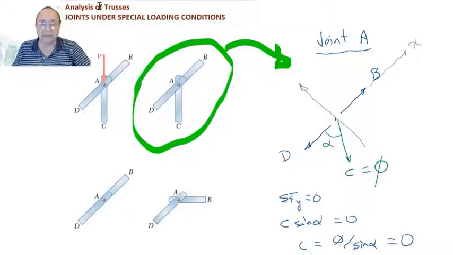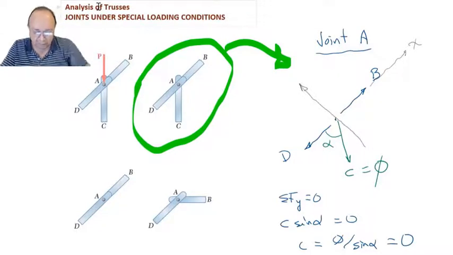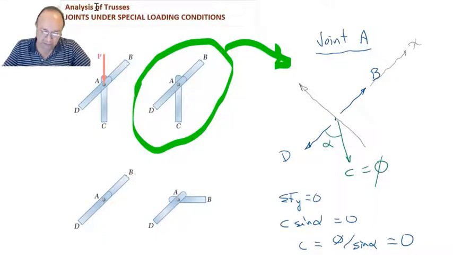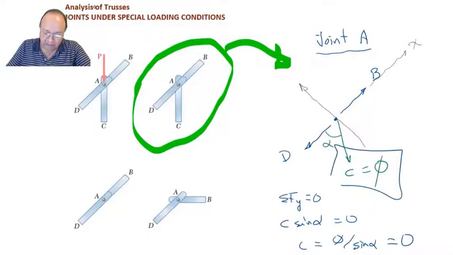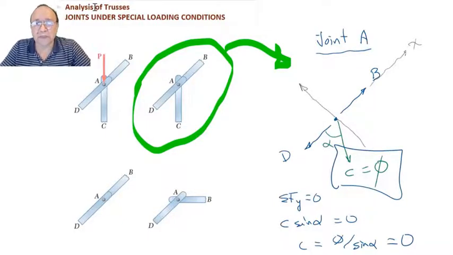So C is going to be 0 in any case if there is an angle alpha with respect to the collinear forces. Same thing here, you don't have to do any calculations, you just set up the free body diagram of the joint, and you state just by simple inspection that this bar is equal to 0.